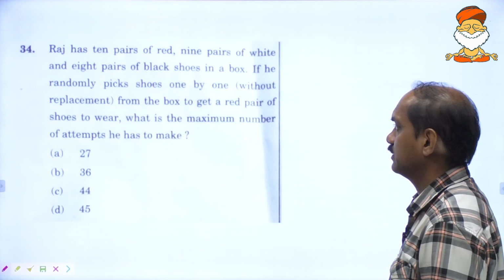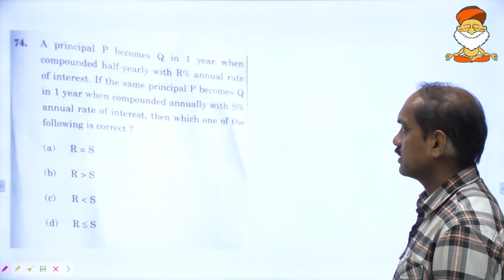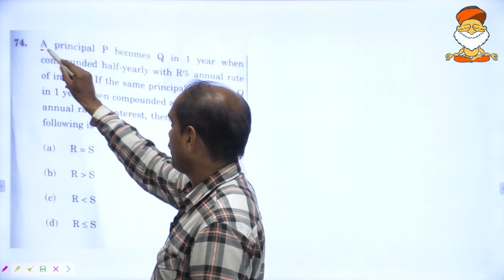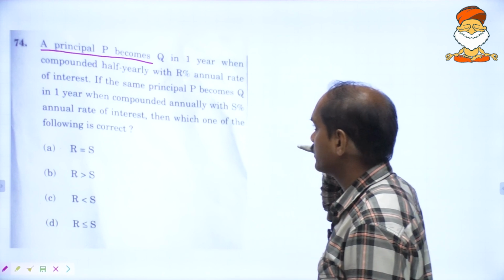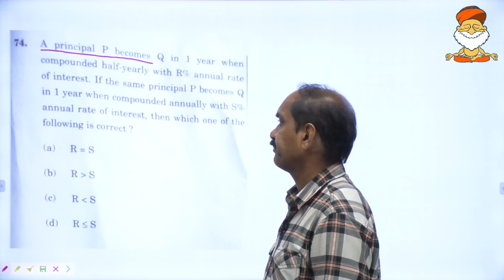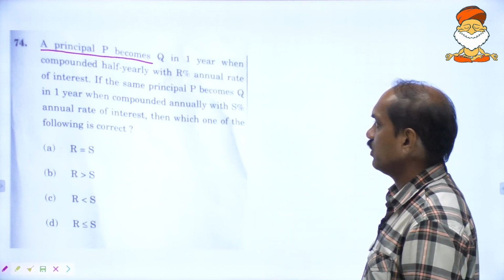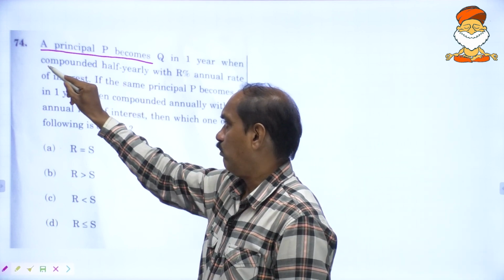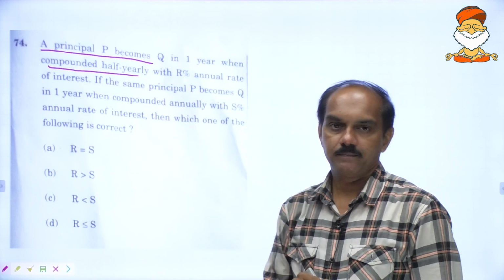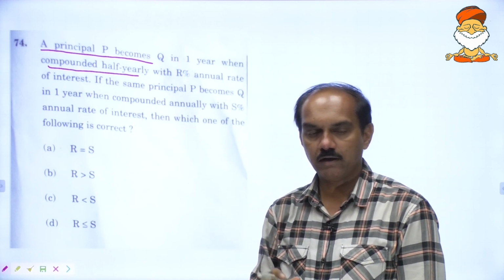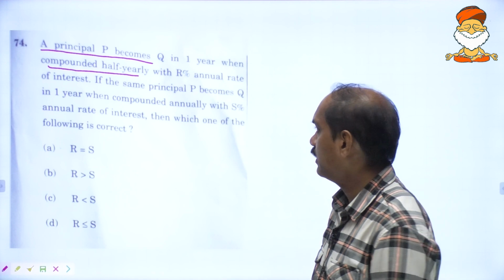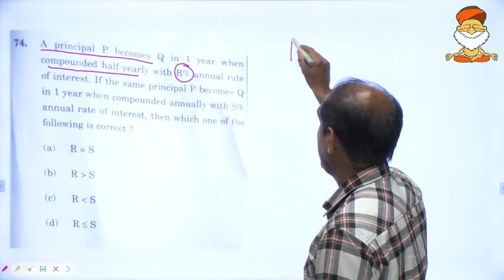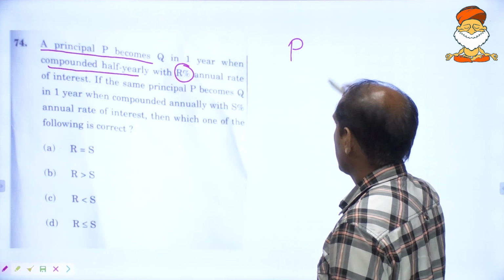Moving on to the next one. Problem number 74, B series. A principal P becomes Q in 1 year when compounded half yearly. Half yearly, you make it yearly and you make it 2R.